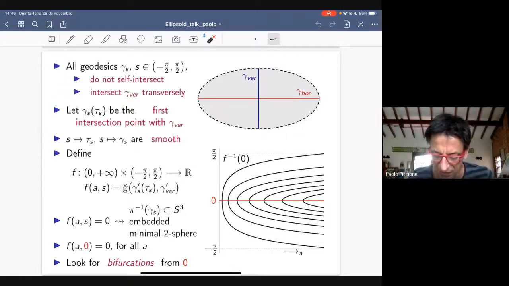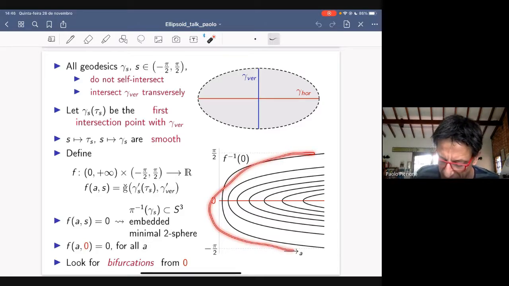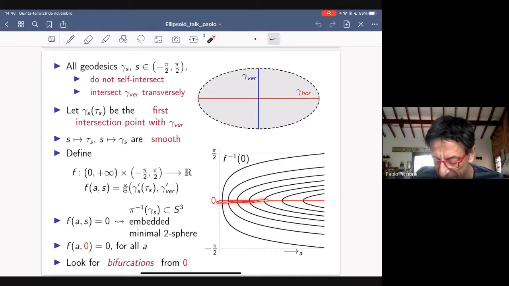So what we prove is that the zeros of this function are exactly like this picture here. So they form infinitely many, say, continuous paths that go to infinity on both ends, okay?